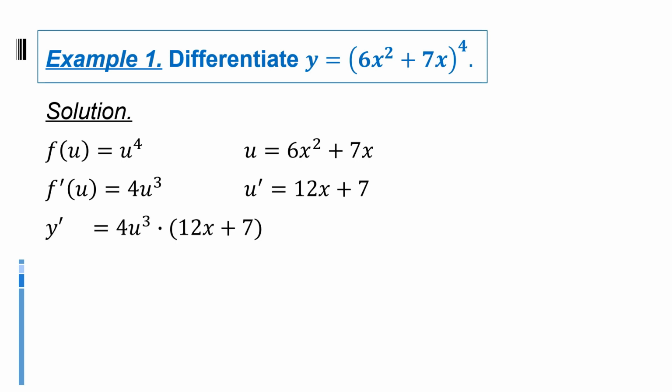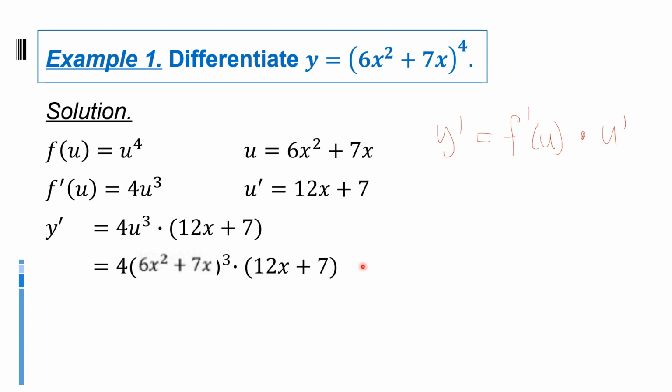Using our formula, which is y prime equals f prime of u times u prime. So we have f prime of u, which is 4u cubed, times u prime, which is 12x plus 7.